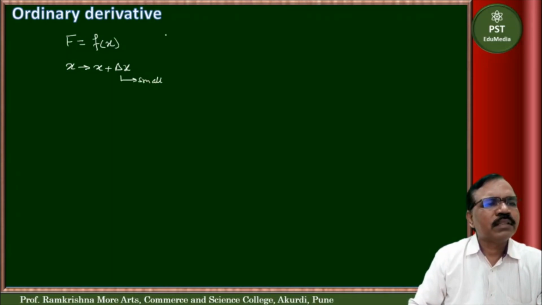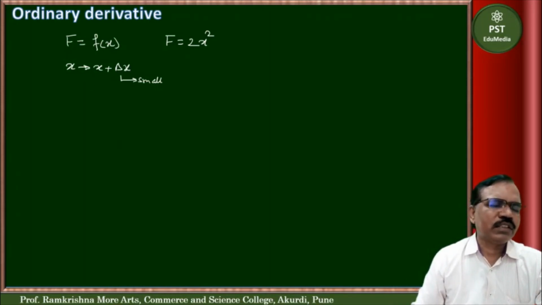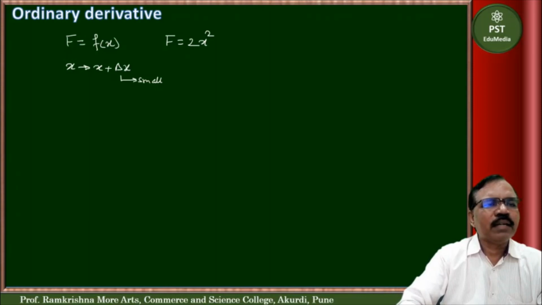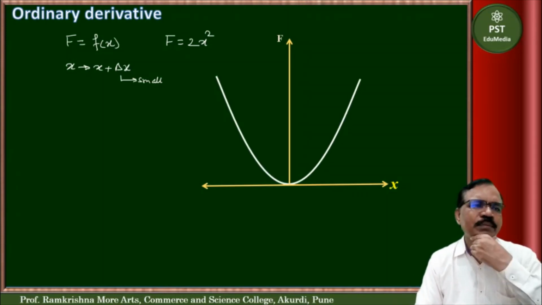For example, suppose we take function f is equal to 2x square. Suppose this is the function, and if x changes to x plus delta x, what happens? So we will take a simple example, f is equal to 2x square. If we plot this function, we will get a graph like this, a parabolic graph.